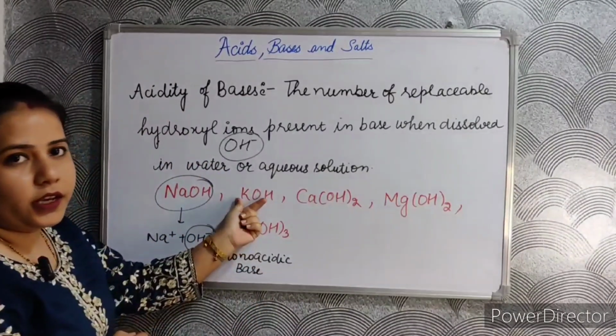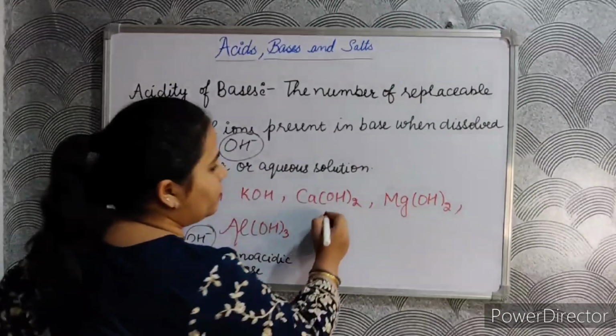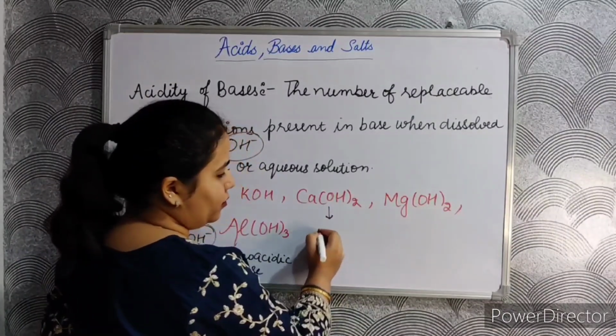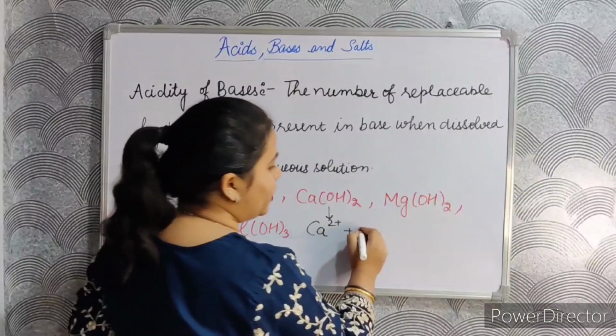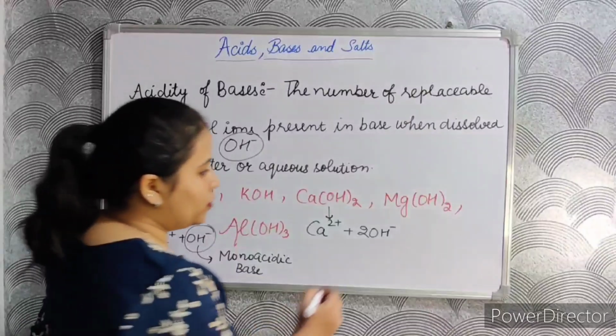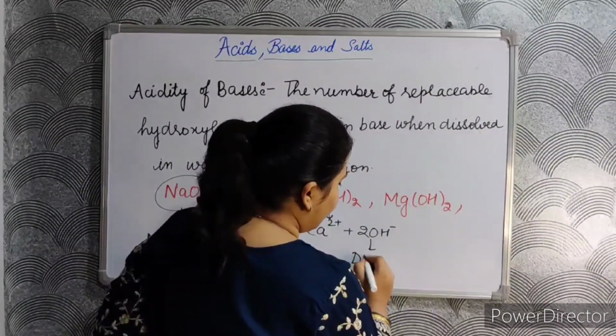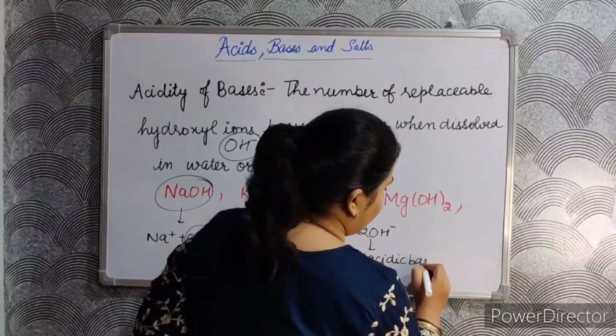Second one, again KOH, its acidity is also 1. Next, when calcium hydroxide is added to aqueous solution, calcium ion is formed and 2 OH minus are released, so it is a diacidic base.